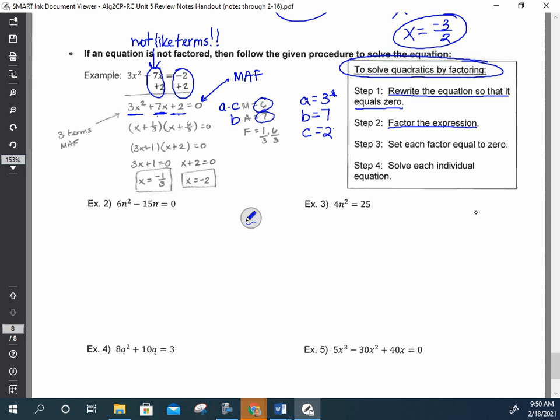So 1 divided by 3 stays 1/3. 6 divided by 3 is 2. You get 3x plus 1 and x plus 2. That's your factored form. So then, walking you through the problem that's already solved.